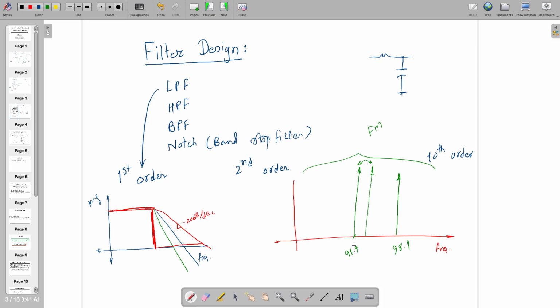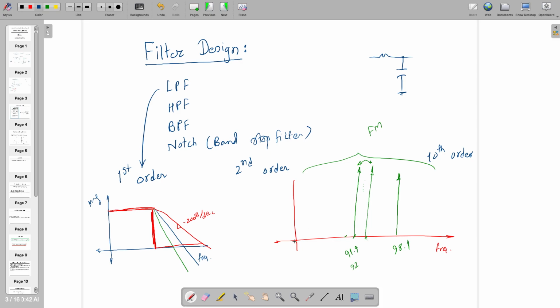If you are tuning it, instead of 91.9, if you are hearing 92 megahertz, then you will hear this one also. Or if you are in between, you can hear both of them. Why is this happening? The one who is designing this is actually using a band pass filter.